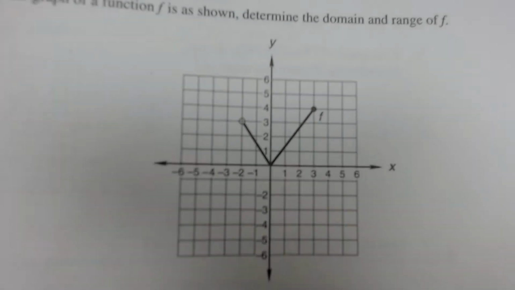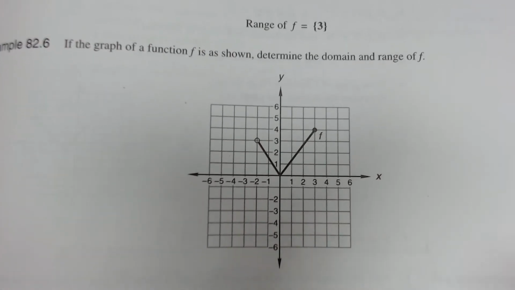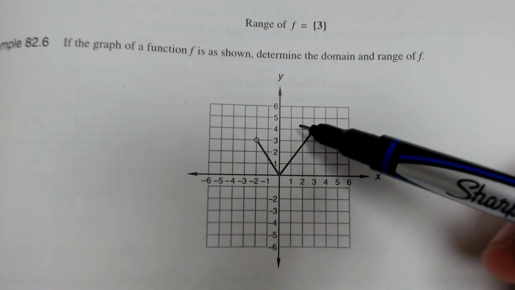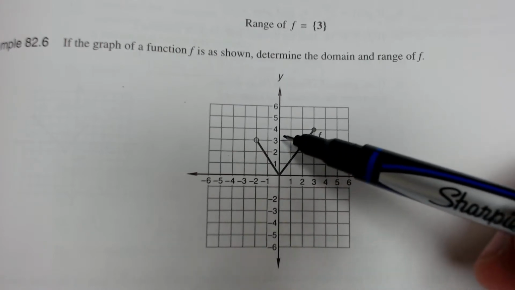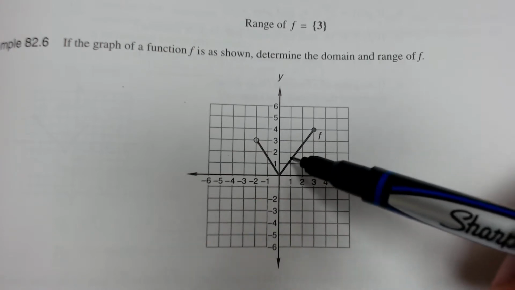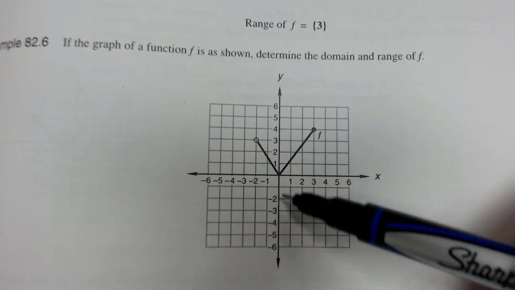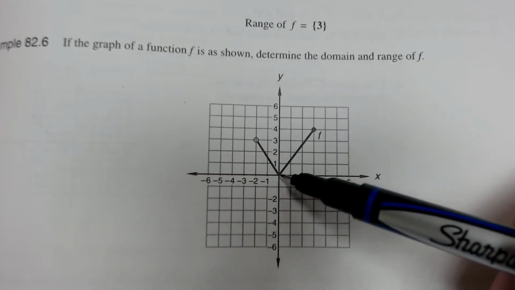Now let's look at the range, the y. Now if we look at the y values and we trace the y-axis, we see that y can be 4, but y cannot be, oh wait, no, y can be 3. Okay, so let's trace the y. y can be 3, but y cannot be less than 0, but it can be equal to 0.